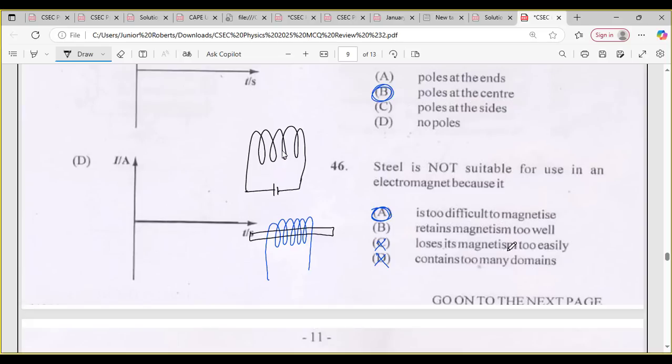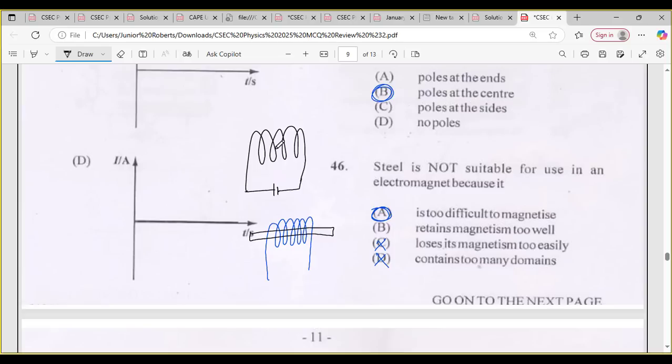We have to really look deep with these questions. The steel will strengthen the magnetic field inside, and also cause it to be concentrated.